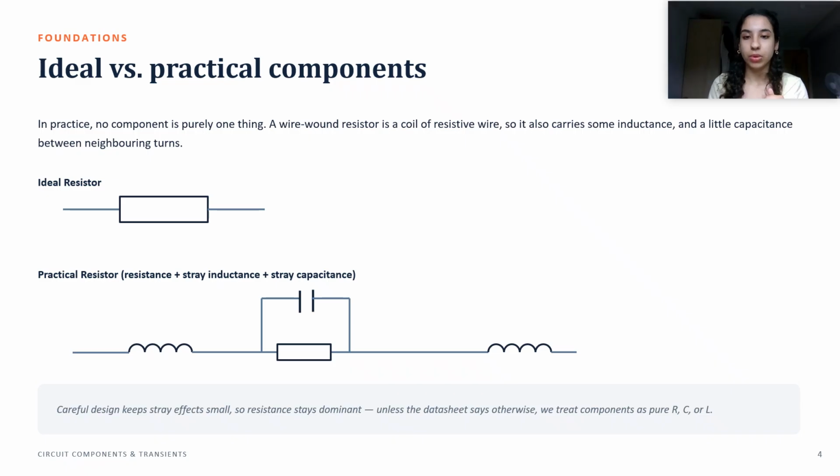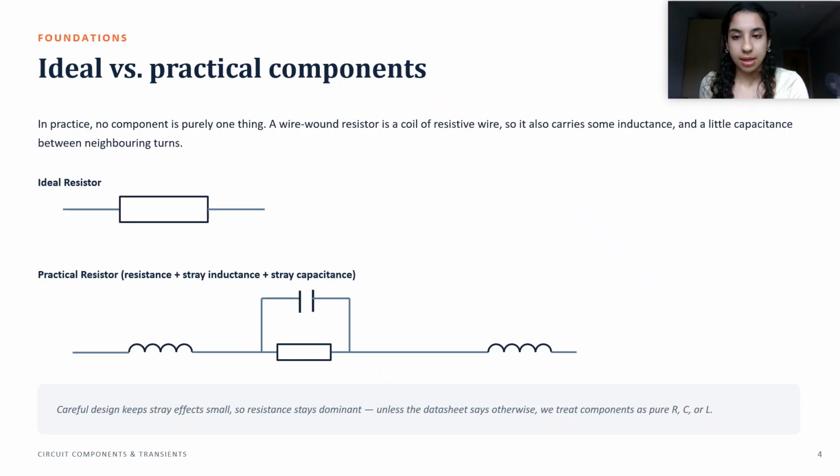For example, a wire wound resistor is a coil of resistive wire that also has, as you see here in the practical resistor, two inductors and a capacitor in parallel. But when we are learning it in theory for now, we are going to take it as an ideal component. So when we want to talk about a resistor, we just say a resistor, and when we want to talk about a capacitor, we just say a capacitor.